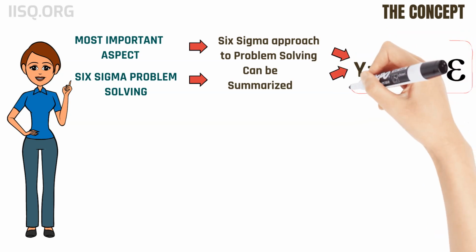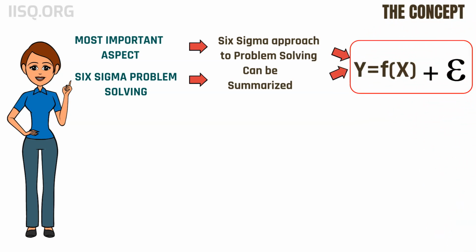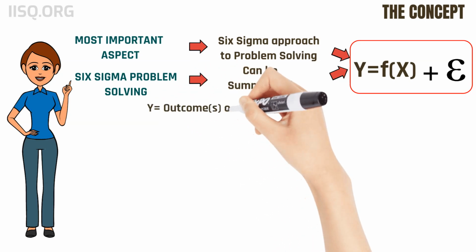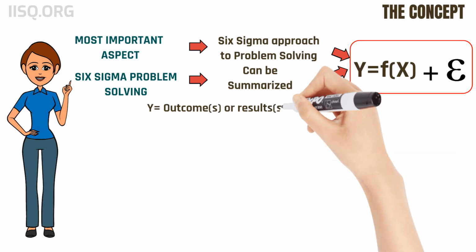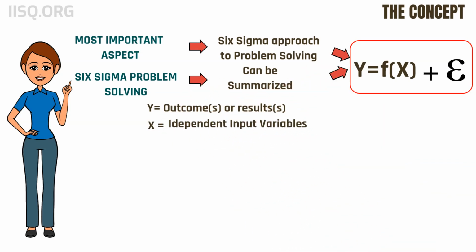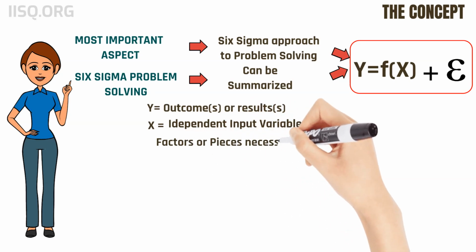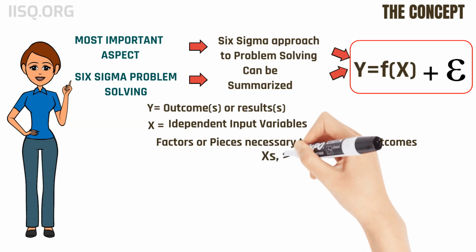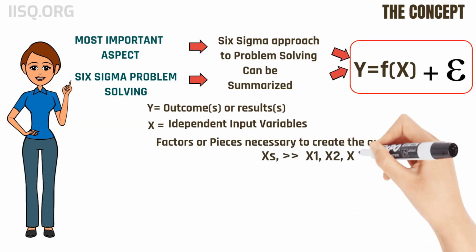It is depicted as Y equals f of X plus epsilon, where Y is the outcomes, or results you desire or need. X represents the independent input variables, or factors, or pieces, necessary to create the outcomes. You may have several input variables, Xs, like X1, X2, X3, and so on.